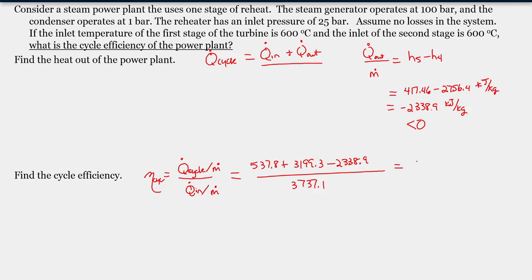A net heat transfer is 1398.2 kilojoules per kilogram. And in the denominator, we have 3737.1 kilojoules per kilogram. So our cycle efficiency is dimensionless, as we would expect it to be. And we get a cycle efficiency of 37.4%.